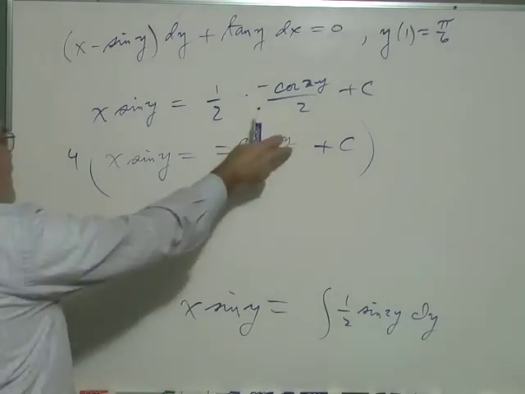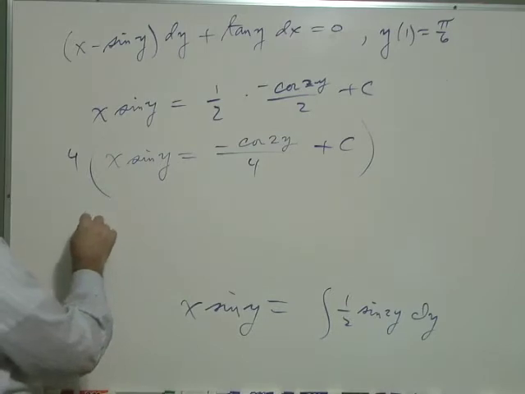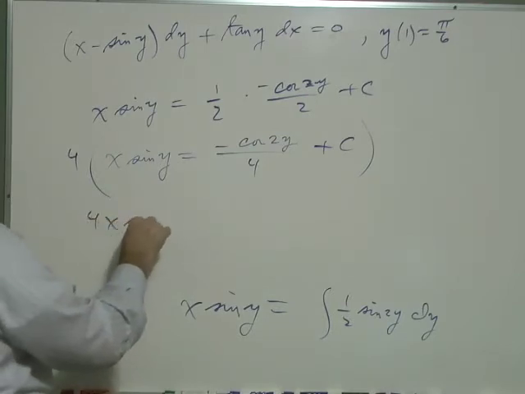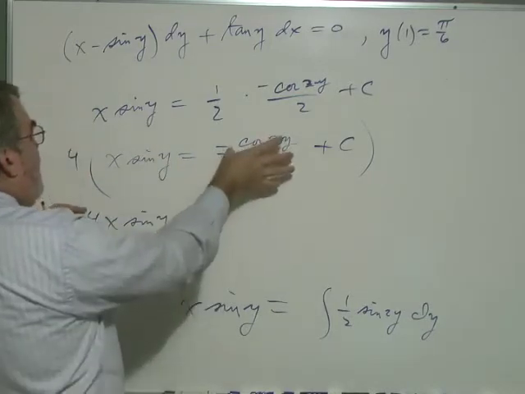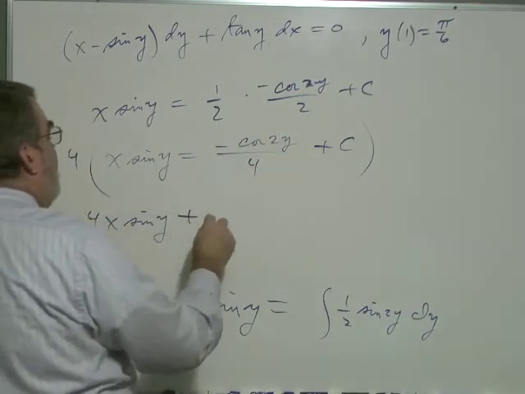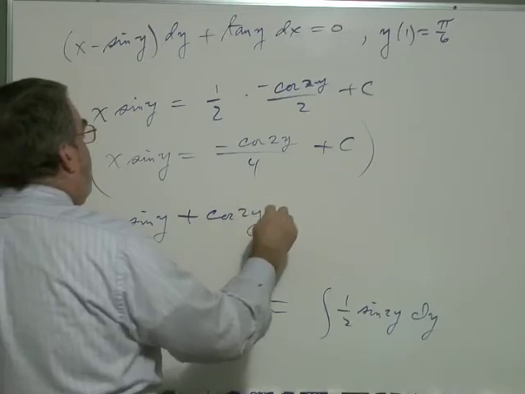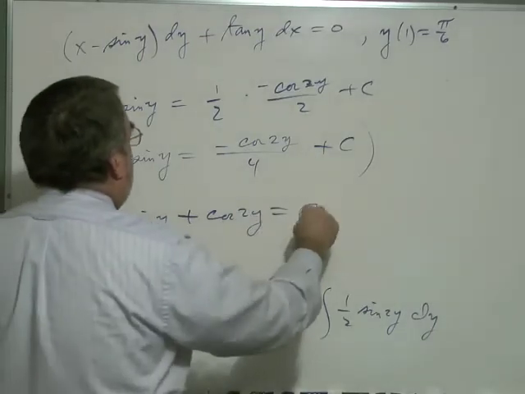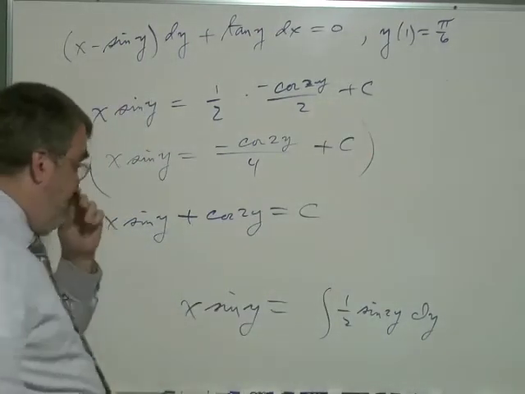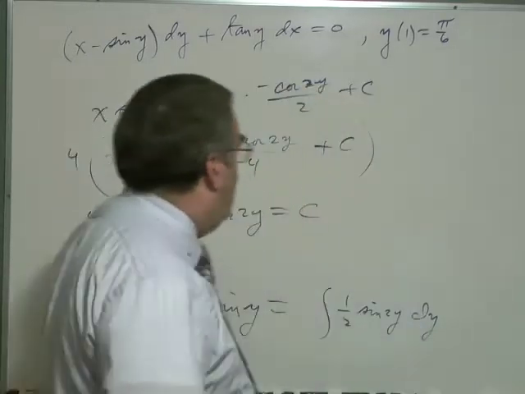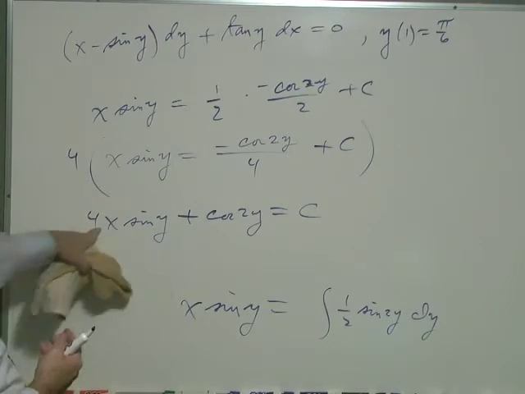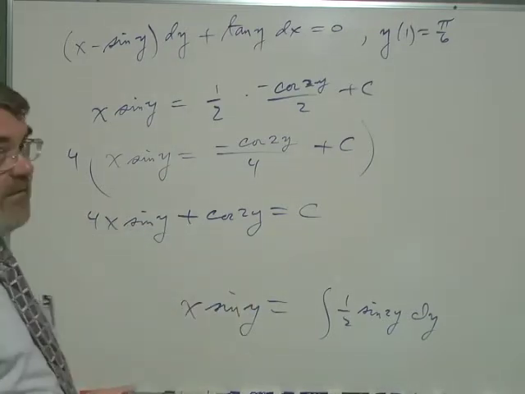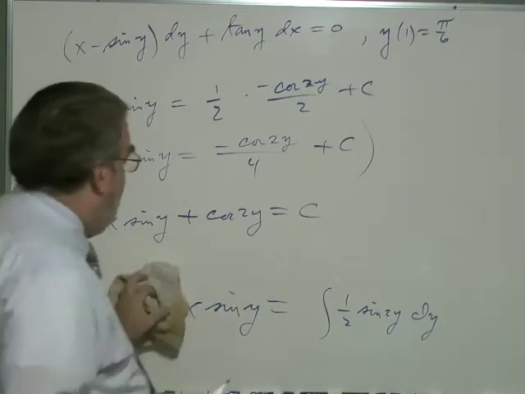And I'm going to bring this term to the left also. So I have 4x sine y. This comes over, the 4 cancels, this comes over as a positive, so it'll be plus cosine 2y. And 4 times a constant is still a constant. Alright, so that's maybe a little bit more convenient form for that answer. So this would be the answer to the problem if we did not have initial conditions. That would be a general solution.